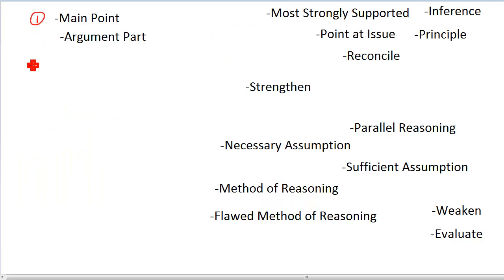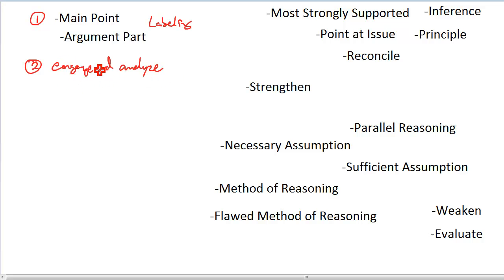So moving on from level 1 questions, we move to, of course, level 2 questions. Again, level 1, I call labeling questions. Level 2, I call these engaging and analyzing questions. The reason is that this is the level of questions where they're actually asking you to engage in the argument and to analyze the argument.